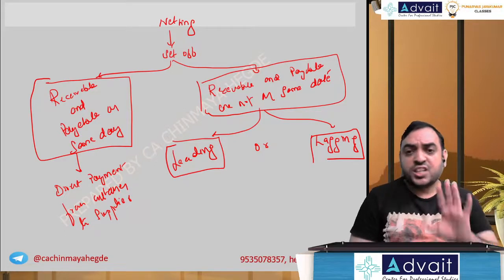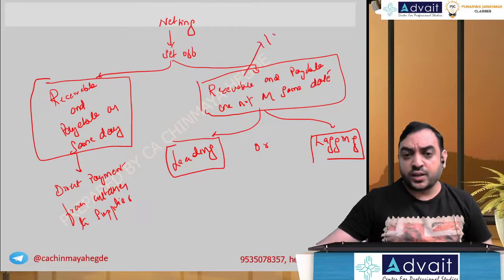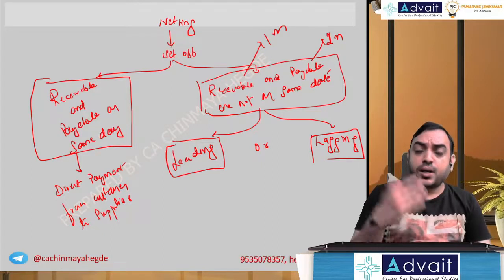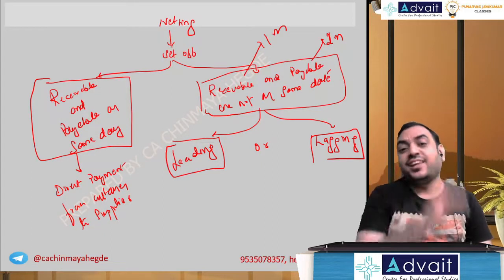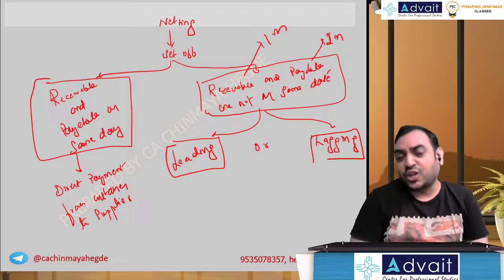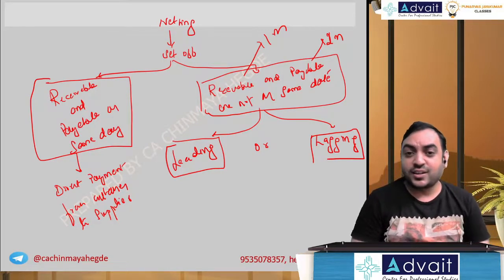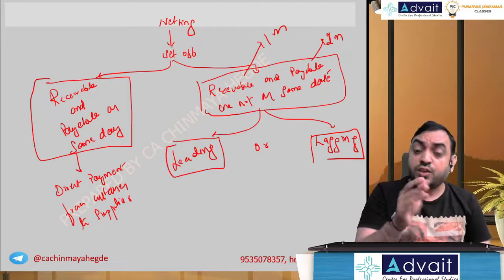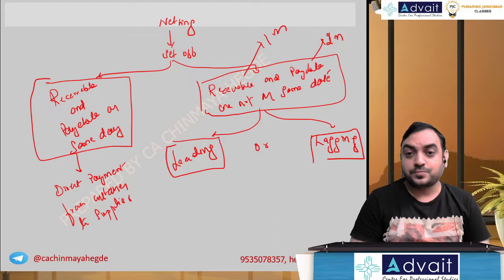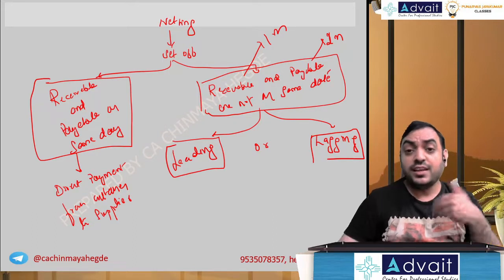Leading means what? Suppose receivable after 1 month, payable after 2 months. Time gap is there. Now, what do you do? Payable after 2 months, you tell the supplier, I'll pay after 1 month only, give me some cash discount. Or if you are to receive, you tell the customer, pay me in advance, for which there will be a cash discount.